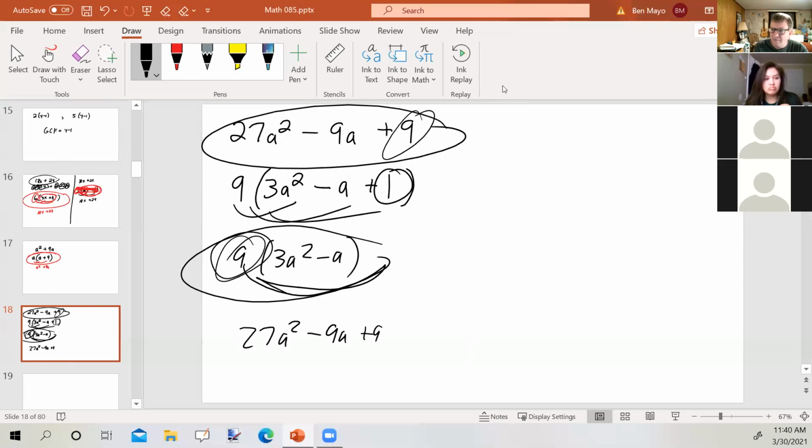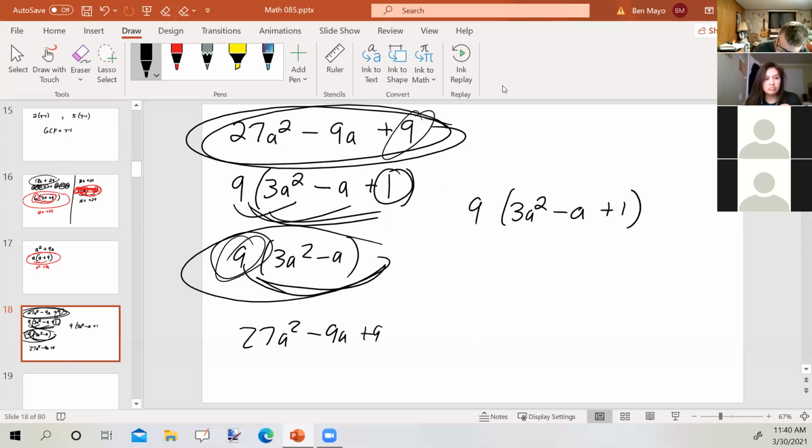So that 1 is a very important number there to get you back to where you started from. Okay, so the correct answer would be 9 times the quantity 3a squared minus a plus 1. And again, there's no common factor of those other than just a 1.